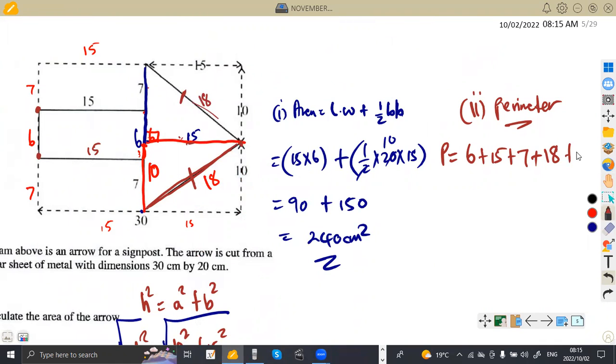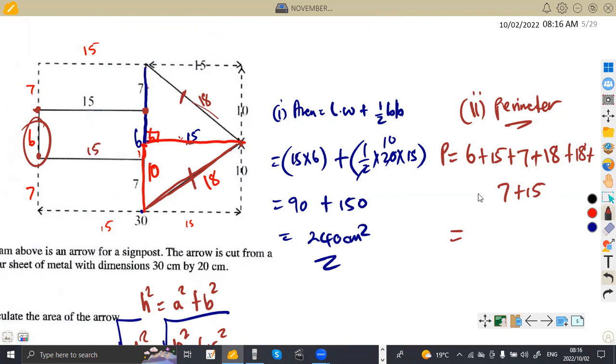So we're going to add another 18. Then from this point to this point, it's 7. Okay, so we are going to add 7. From this point to this point is 15. We are going to add 15. I think we are now back to where we started at 6. So that is our perimeter.